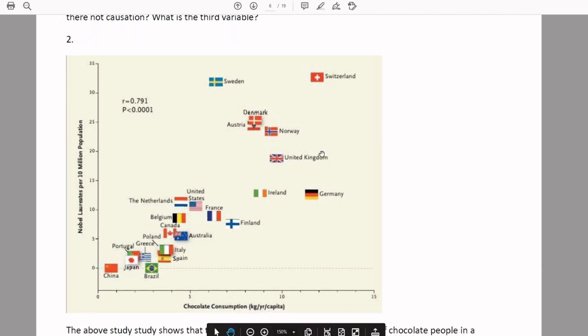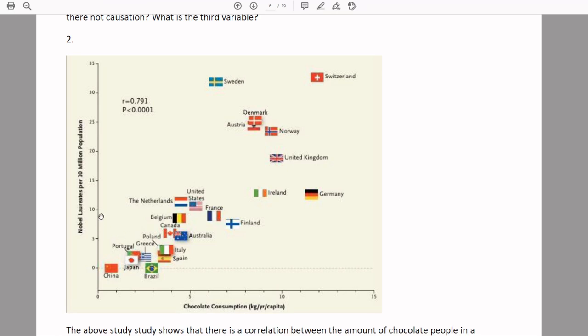Basically chocolate is like a luxury item generally, isn't it? In theory, the more well-off a country is, the more chocolate that they would consume. And also, obviously, in the richer countries, they spend more on their education systems.